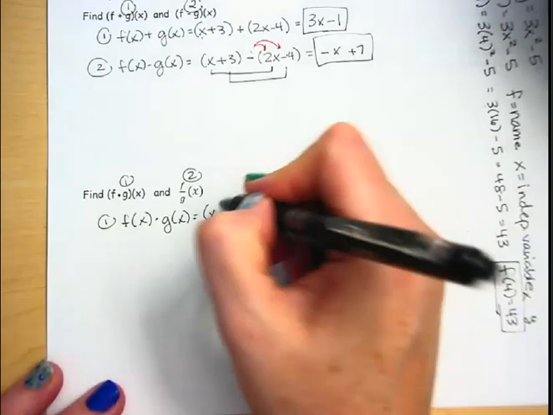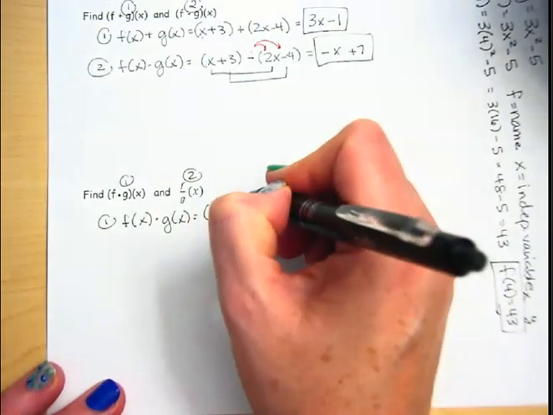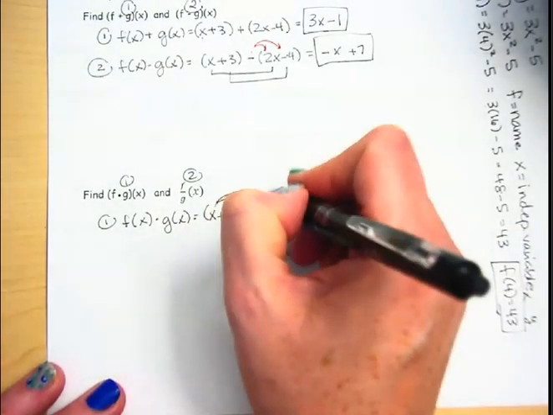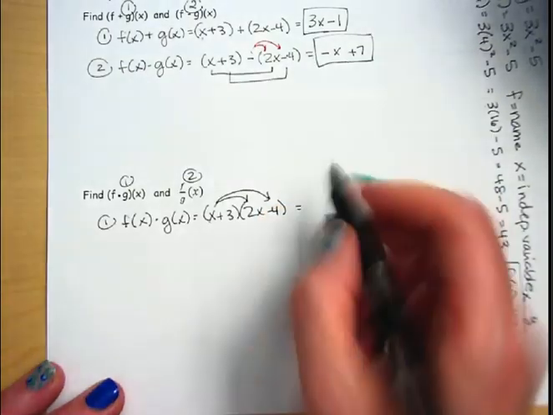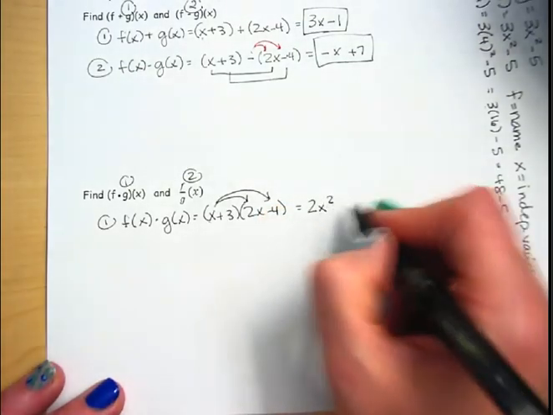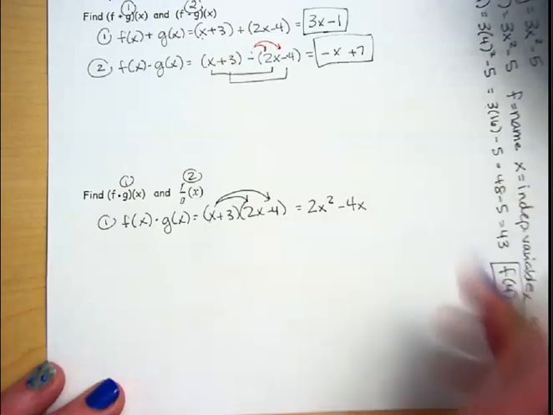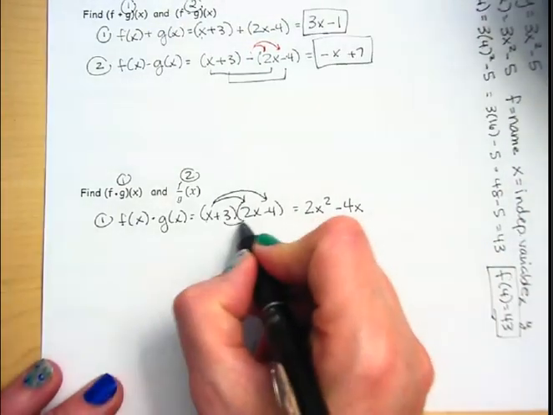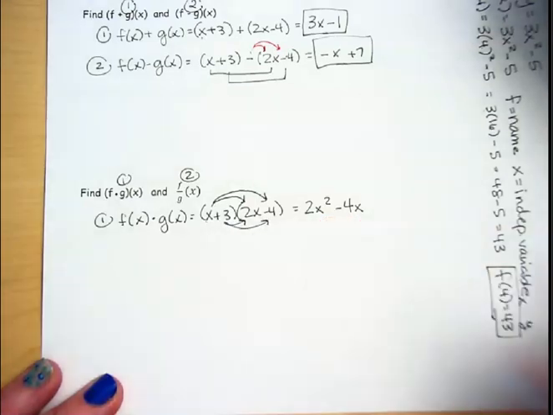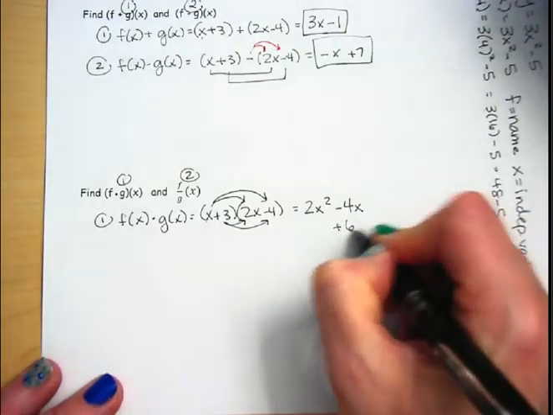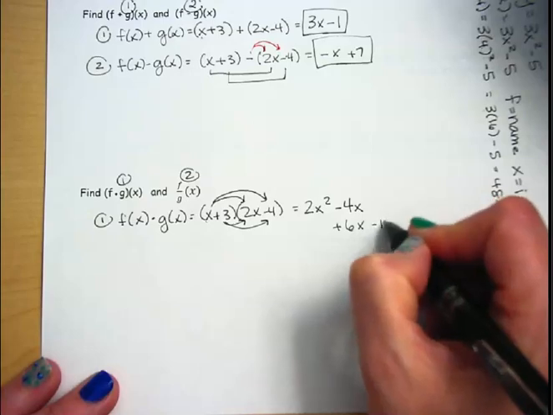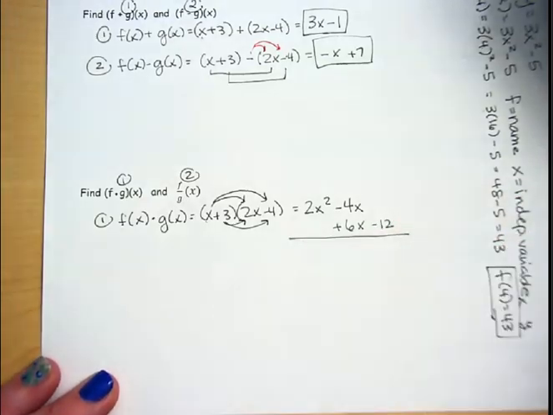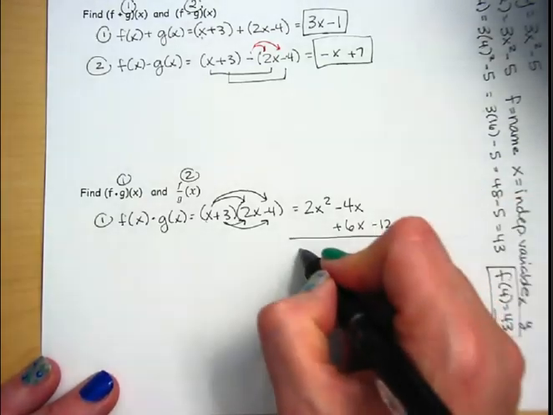But you're going to start by doing x times both of these terms. So x times 2x, x times negative 4. Then you're going to take the 3 and distribute it. So 3 times 2x and 3 times negative 4. Combine your like terms.